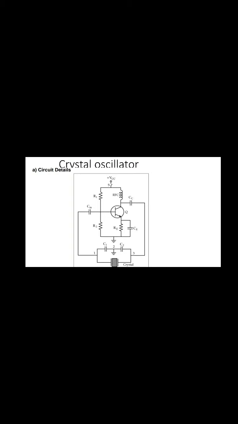We already discussed the crystal equivalent circuit. It actually behaves as a series RLC circuit in parallel with Cm, where Cm is the capacitance of the mounting electrode. Because of the presence of Cm, the crystal has two resonance frequencies. One of these is the series resonance frequency Fs, in which condition the crystal impedance is very low.